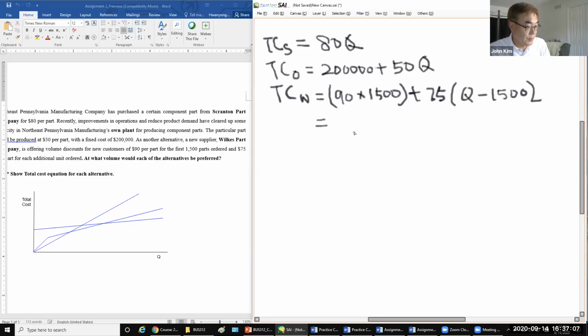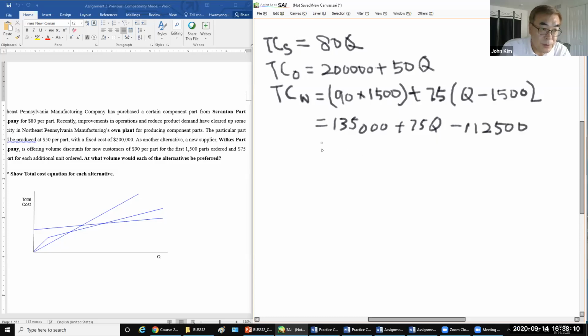So equals 90 times 1,500, which is 135,000, plus 75Q minus 75 times 1,500, which is 112,500.